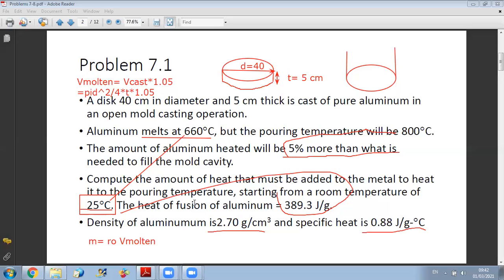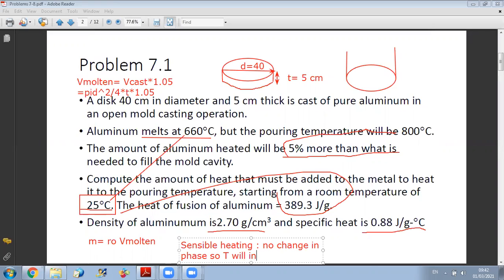Look, you have two forms of heating. You have sensible heating and you have latent heating. What is sensible heating? When we talk about sensible heating, there is no change in phase. No change in phase. And this means that the temperature T will increase.